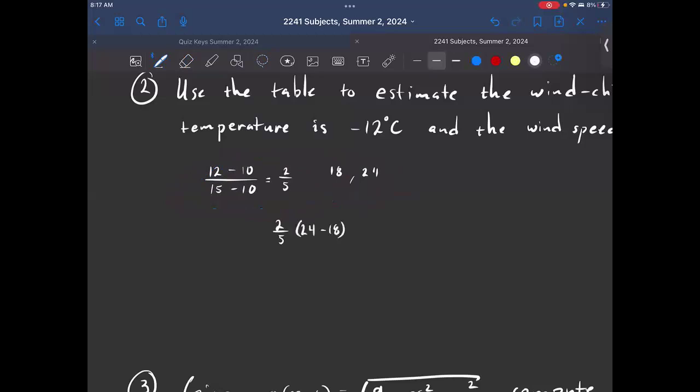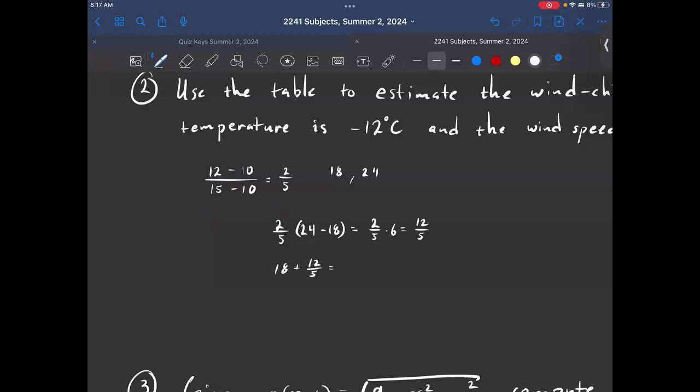All right, so what is 2/5 of the distance between 18 and 24? We take the difference of those two, and that is 6. So 2/5 times 6 equals 12/5, and that's what we want to add on to 18. Okay, 18 times 5 is 90.